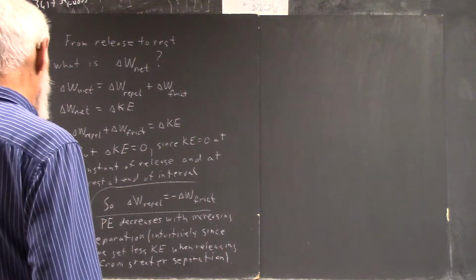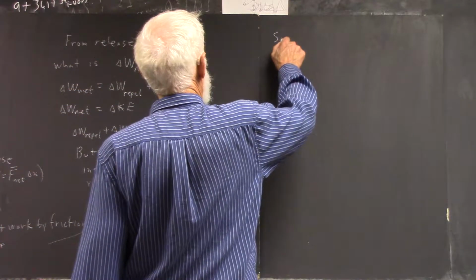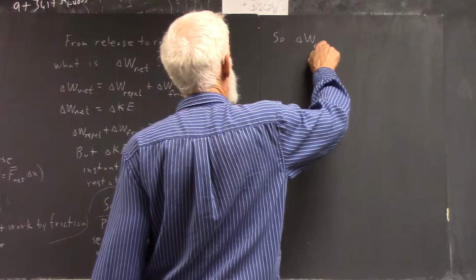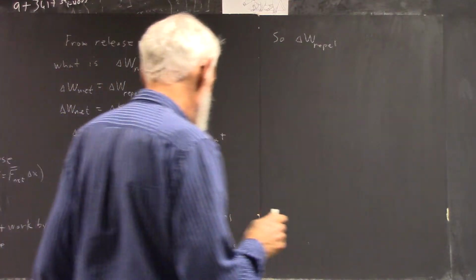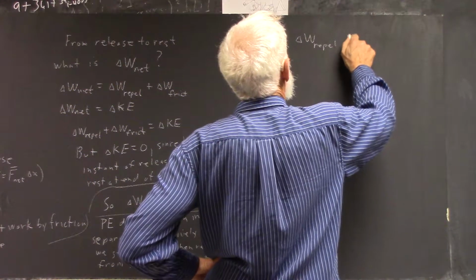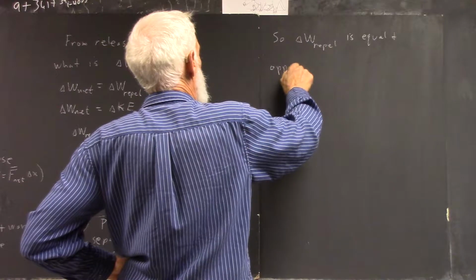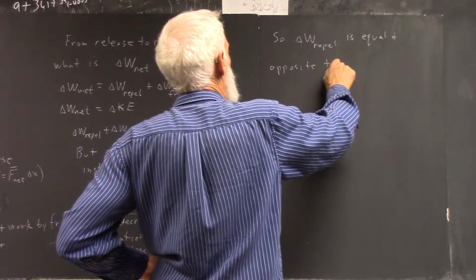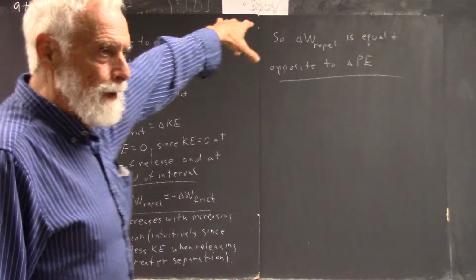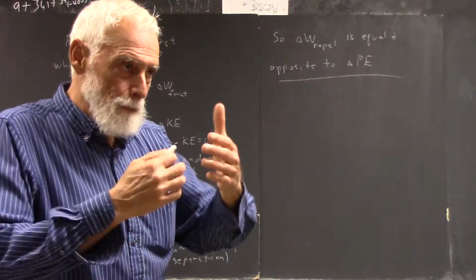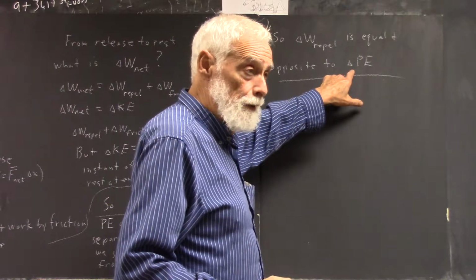Then W repel, the work done by the repelling force from release to rest, is equal and opposite to the change of potential energy.